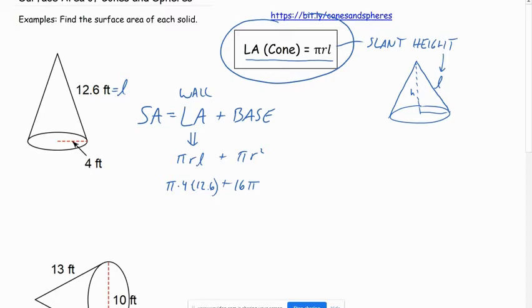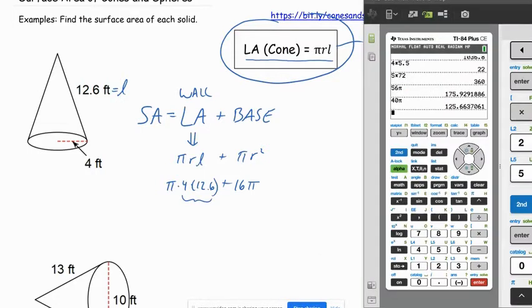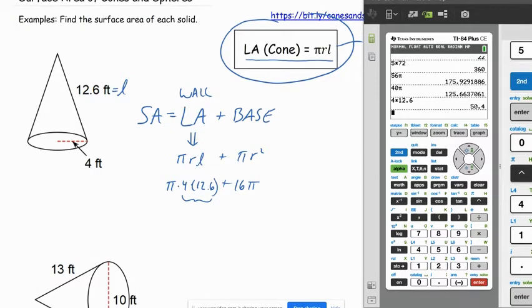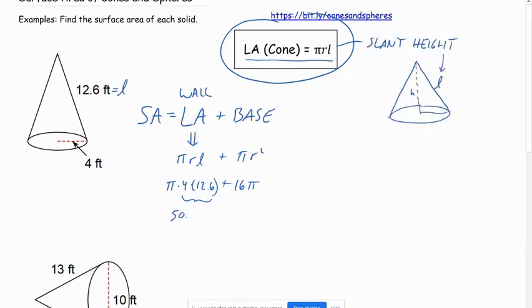If we do this part on our calculator, 4 times 12.6 is 50.4. So this is going to be 50.4 pi plus 16 pi, which gives us a final answer of 66.4 pi. And that's an exact answer. Even though 66.4 is a decimal, it's not rounded.